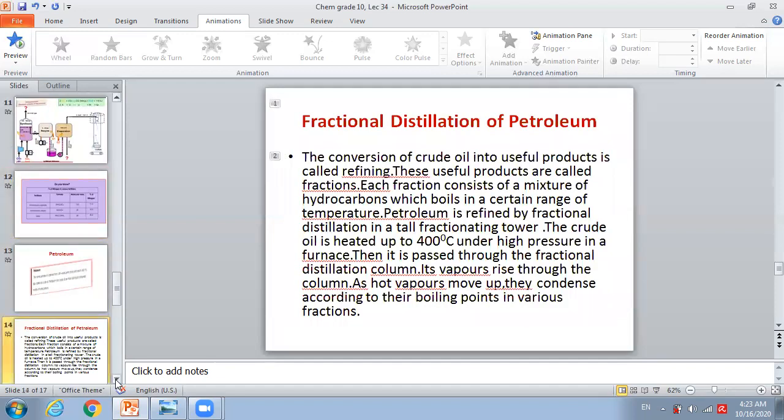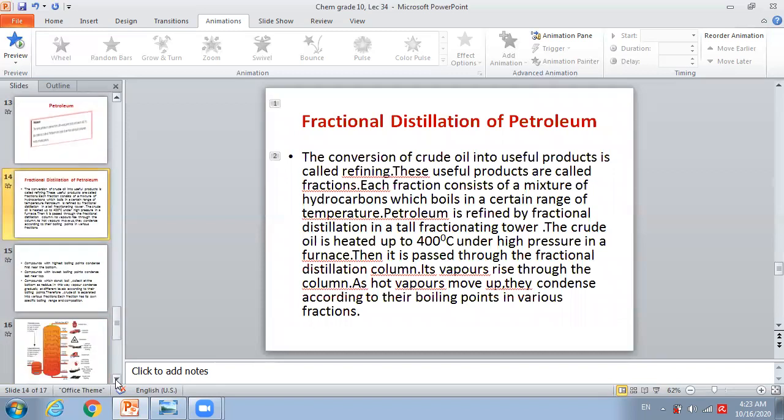Then fractional distillation of petroleum, important fractions of petroleum. Distillation is a process by which different fractions of a liquid can be separated by the difference in their boiling points. Same here, different fractions of petroleum can be separated out by using the distillation process, and as different fractions are obtained, it is also called fractional distillation of petroleum.